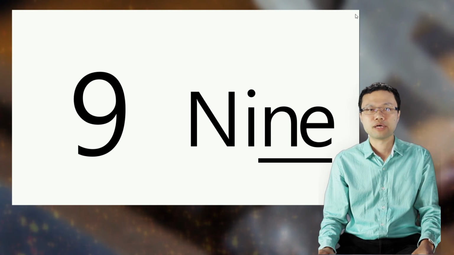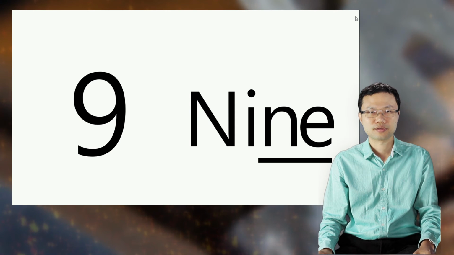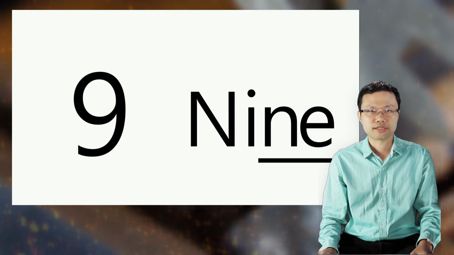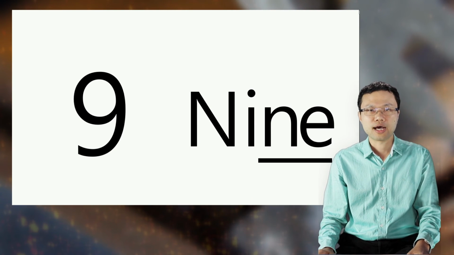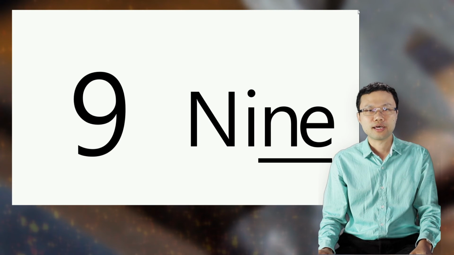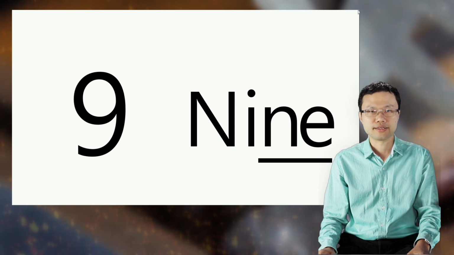Otherwise, people may misunderstand what you mean. For example, when you are asked, "In which year were you born?" If you were born in 1989, you should say, "I was born in 1989," with a clear "nine."